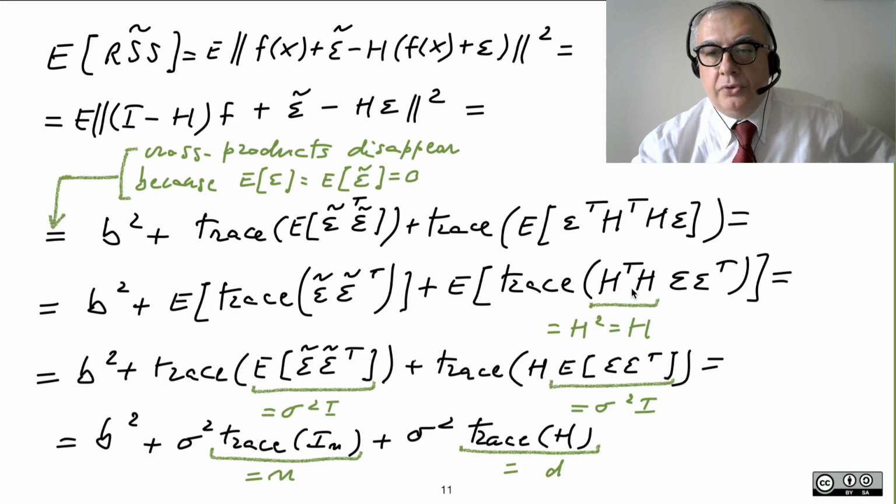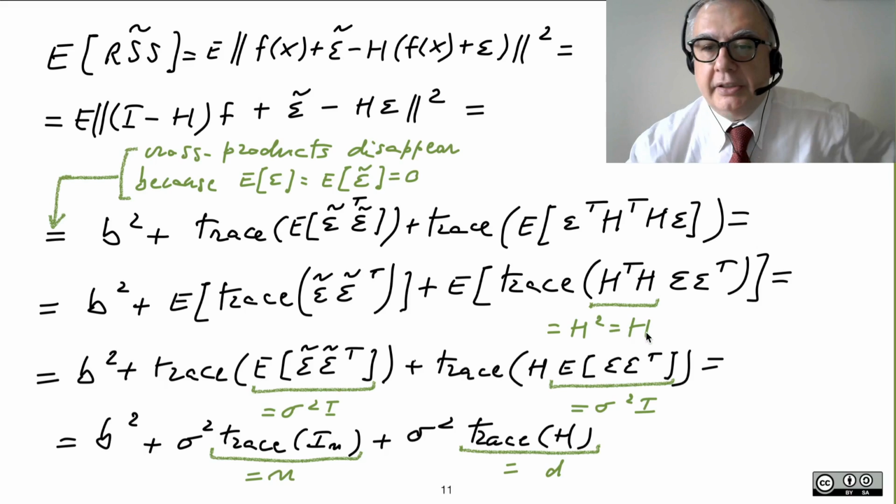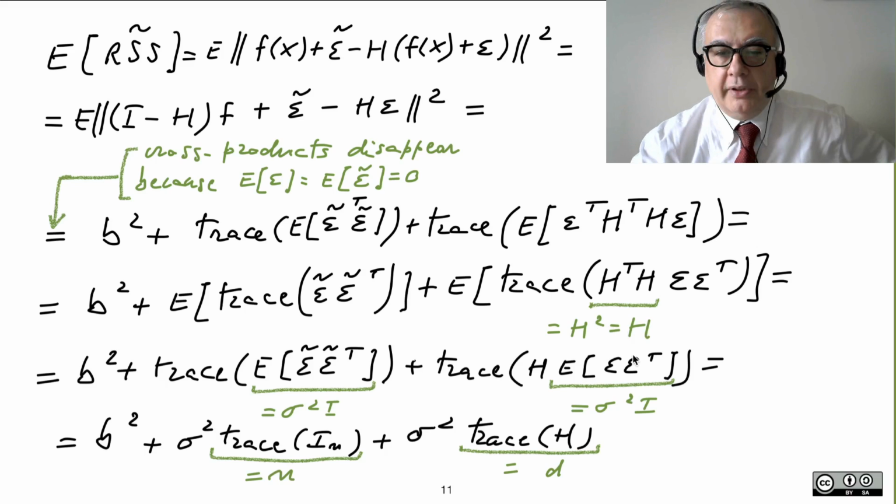Here you should also remember that H is symmetric, so H transpose H is H squared, and moreover H squared, by another property of the hat matrix, is equal to H. So in the final step, I have sigma squared trace of the identity, that is n, and sigma squared trace of H, which is d.